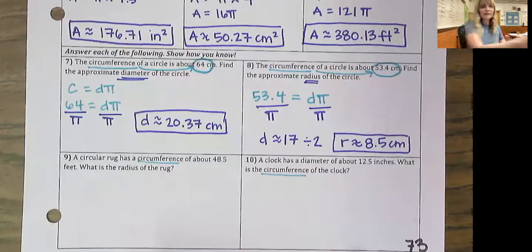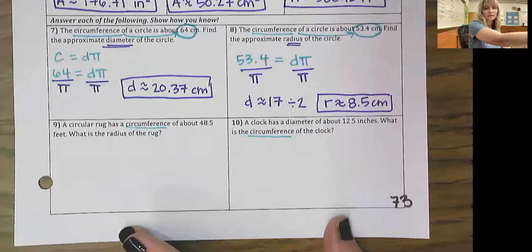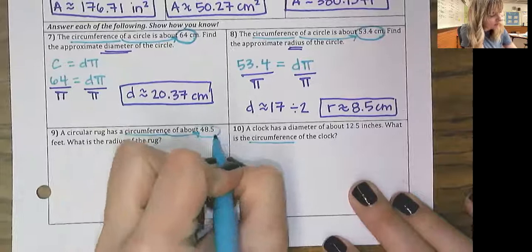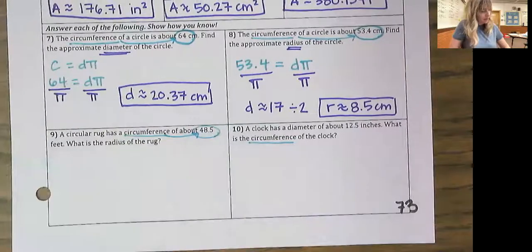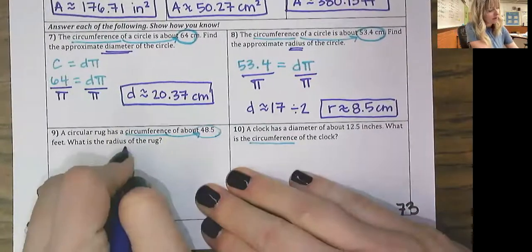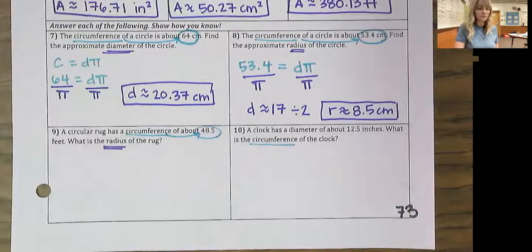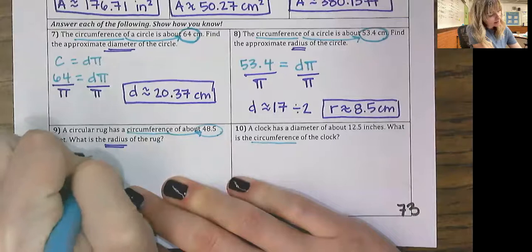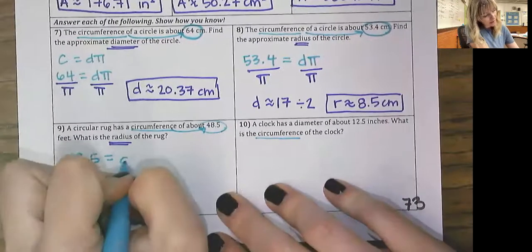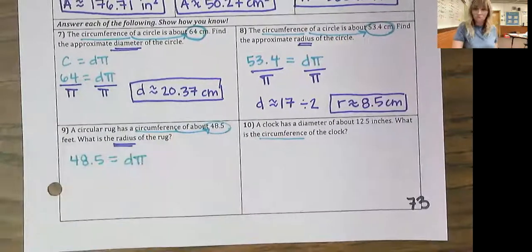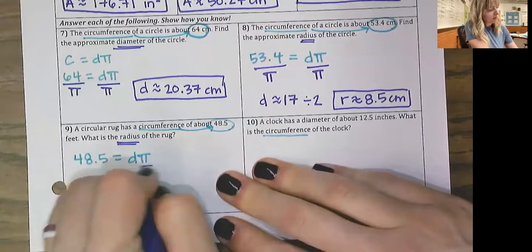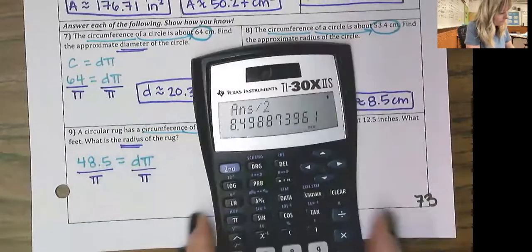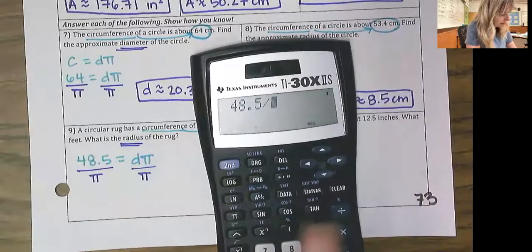Okay. All right, let's read these last two. Give them a try. A circular rug has a circumference of about 48.5 feet. They're giving me circumference. They're asking me for the radius of the rug. Okay, circumference equals diameter times pi. Okay, divide by pi, divide by pi. 48.5 divided by pi.